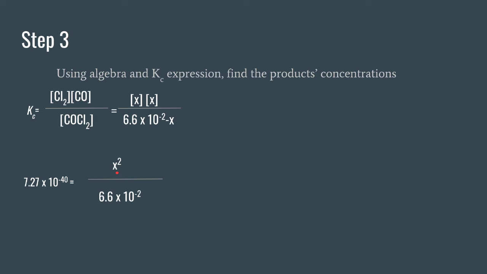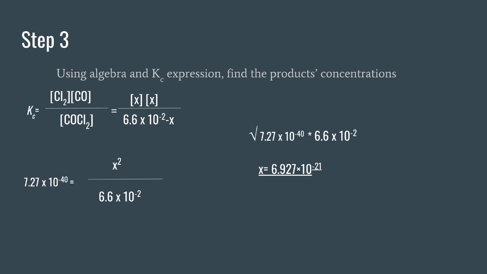And then to get rid of that x squared, we're going to take the square root of whatever 7.27 times 10 to the negative 40 multiplied by 6.6 times 10 to the negative 2 is. So this is going to be our equation to find x, the square root of the equilibrium constant multiplied by the equilibrium concentration of phosgene. And that will give us x equals 6.927 times 10 to the negative 21.